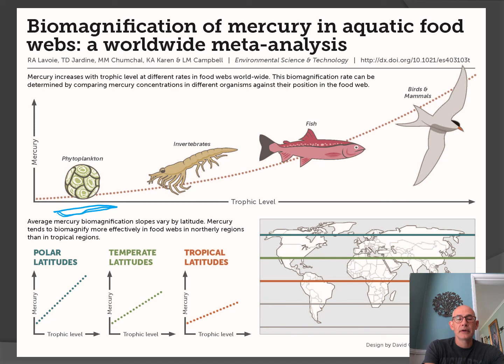Now that it's soluble, it can be absorbed by plankton and algae, and then it starts to move up from the phytoplankton to your primary consumer, being maybe some shrimp. So the shrimp have to eat a whole bunch of this to survive. These fish have to eat a whole bunch of shrimp, and so the shrimp have absorbed all of the mercury in the phytoplankton.